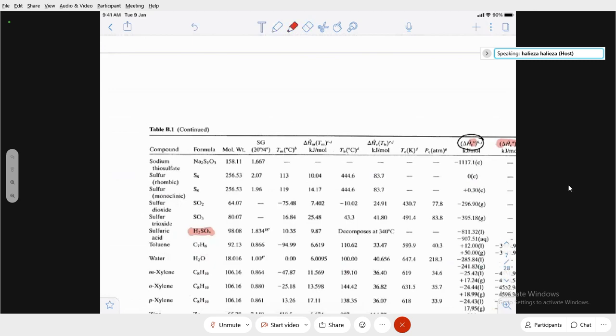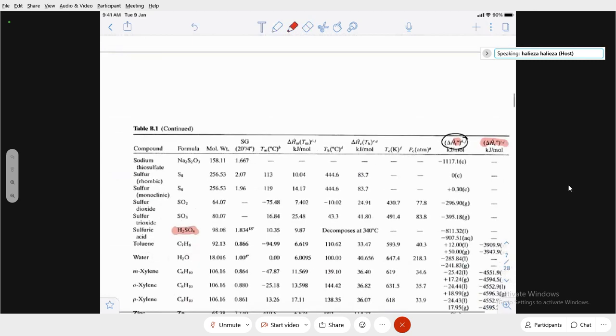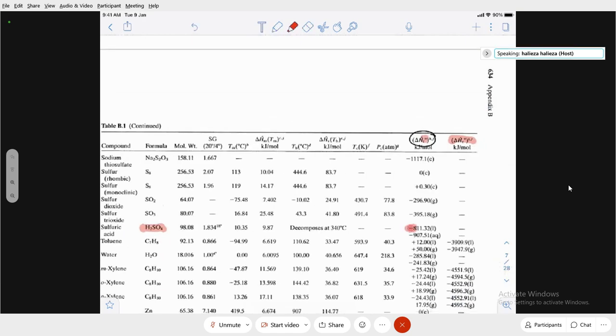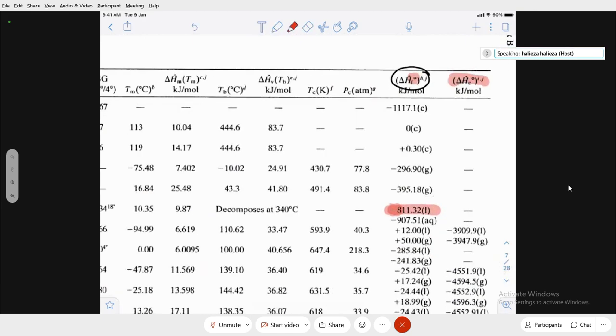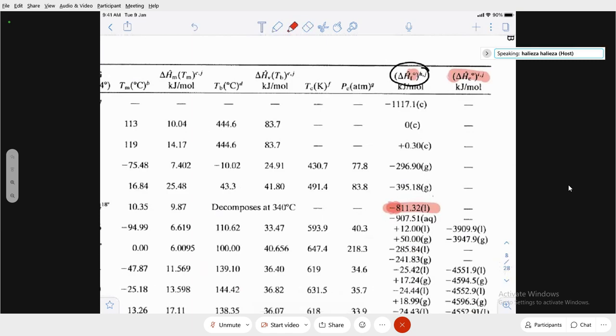Here you can see that this is sulfuric acid and its heat of formation. You have two values over here. This is the one that we want, the one in the bracket, liquid. So that is negative 811.32. Negative 811.32. So that's the value I will substitute in the equation.